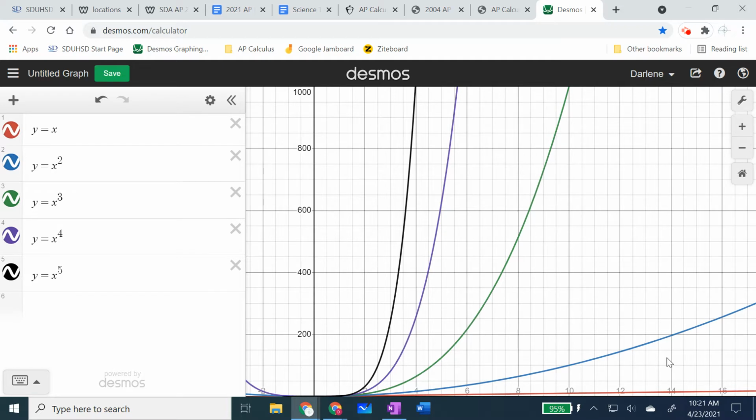So with this distortion, it makes y equals x look like a flat line. But what I want you to see is relative to the graph of x squared and the graph of x cubed, that's what infinity sees.